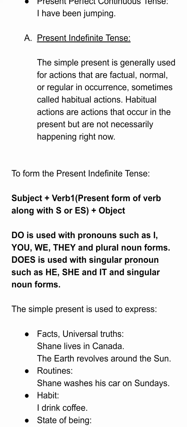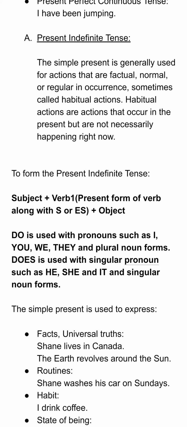And we use does with singular pronouns such as he, she and it, and also with singular noun forms like Ram plays cricket. Here the subject is only one person.